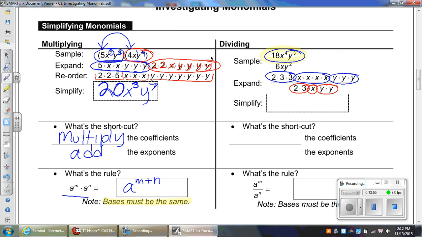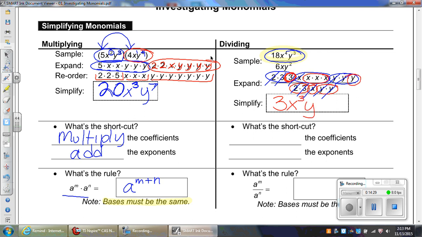And now what I'm going to do is divide them, or you may say they cancel, right? So 2 with a 2, a 3 with a 3, an x with an x, a y with a y, a y with a y. So now what we're left with is this 3 here. And we have a total of 3 x's, so x cubed, and we have 1 y left.